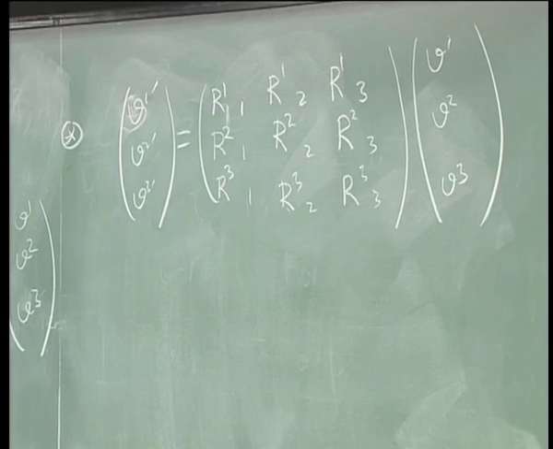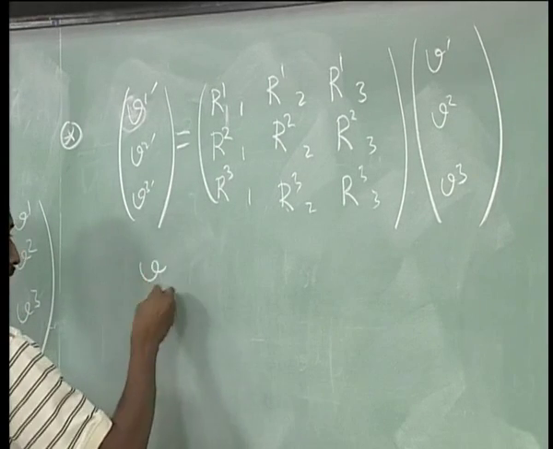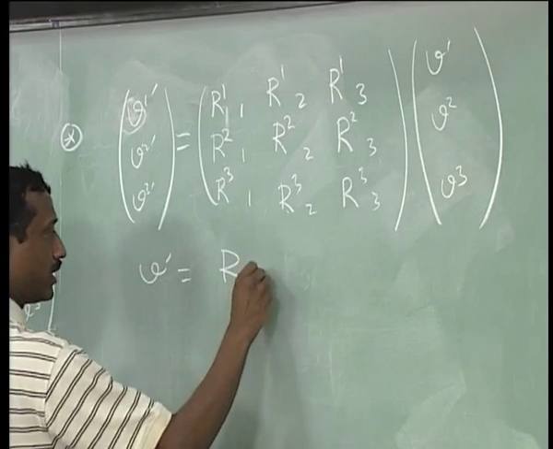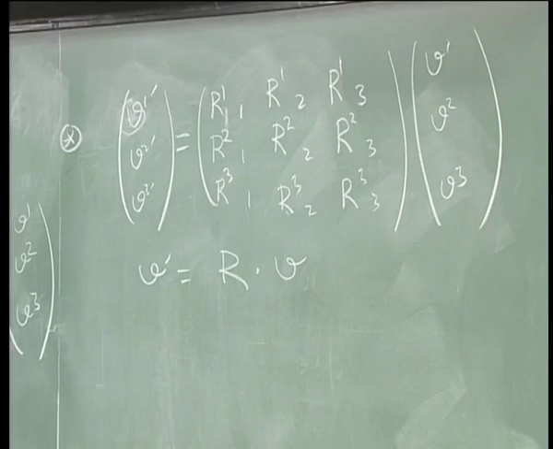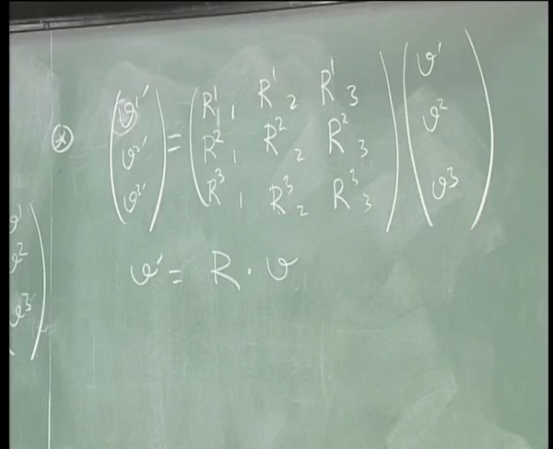Or in short we can hide all these indices and write V prime equal to the matrix R multiplying V. It is the same thing.